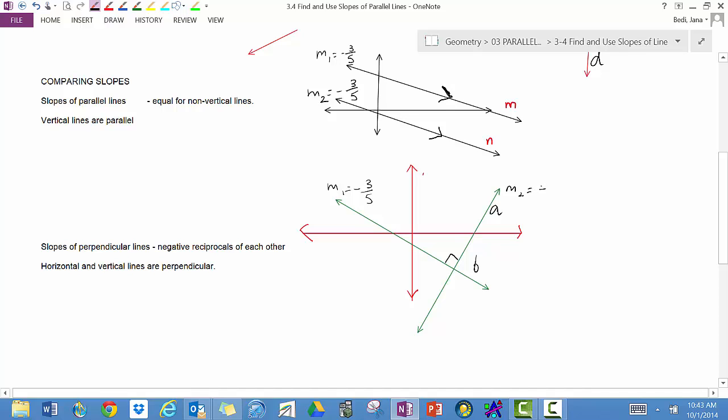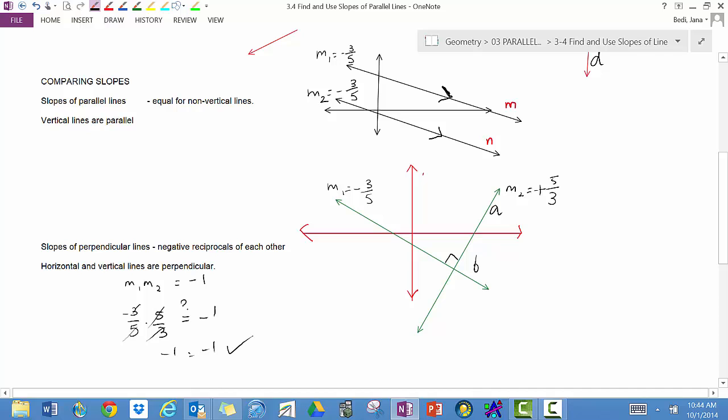So the negative of a negative is a positive, 5/3. And just another way of remembering this is that M1 times M2 is negative 1. So let's test that out. Is negative 3/5 times 5/3 equal to negative 1? I believe it is. That checks. So the two lines are perpendicular.